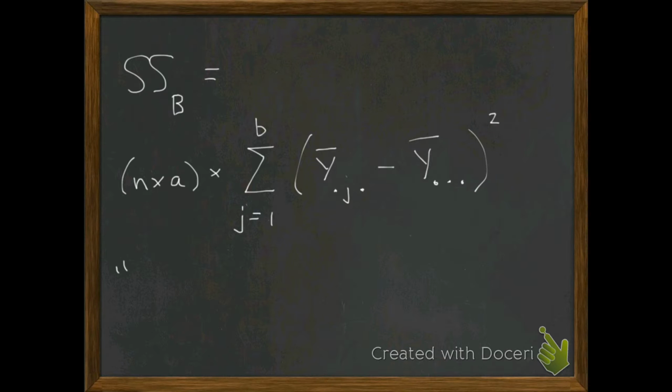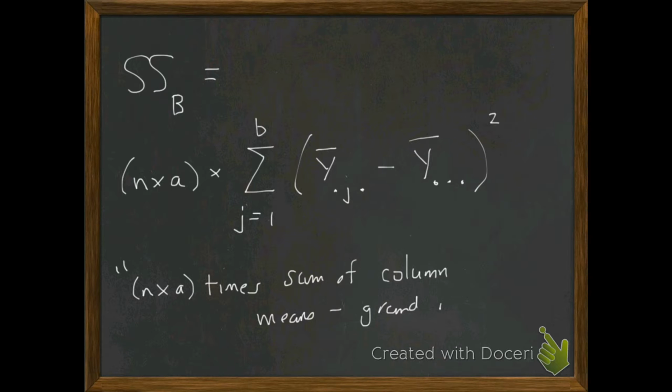Now, putting this in lay terms, we're going to take N times A, times the sum of the column means minus the grand mean squared.